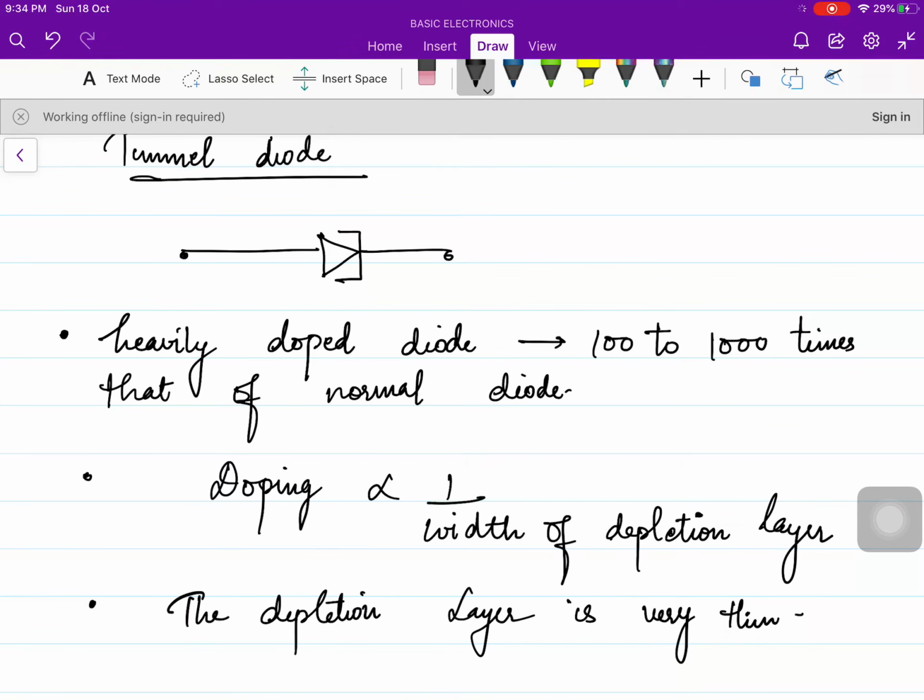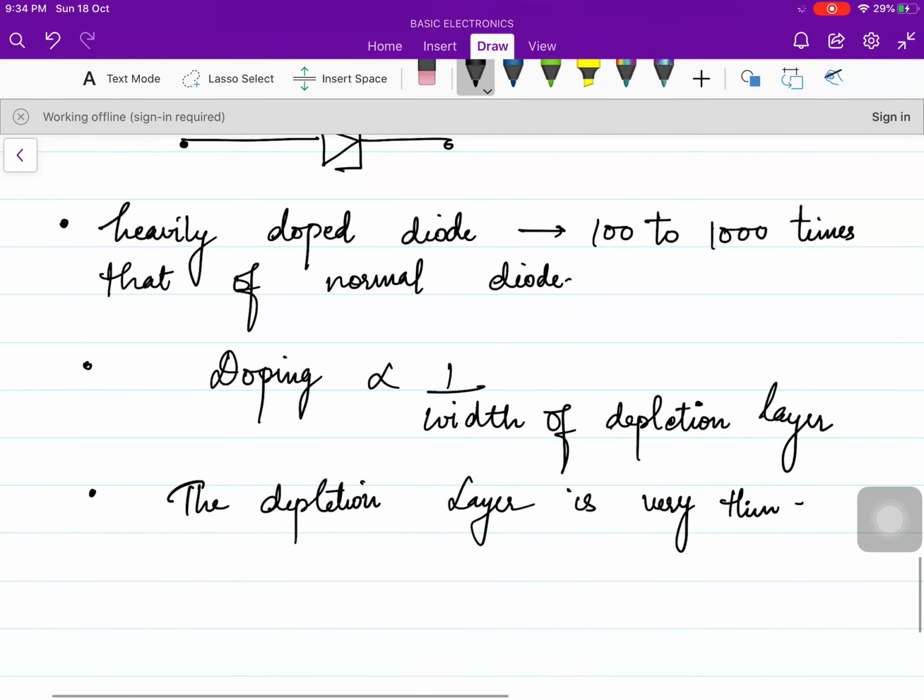It results in a greatly reduced depletion layer, and hence the carriers present at the junction, when it is forward biased, need not cross the potential barrier. Some of the carriers tunnel, that means they make a tunnel and cross the junction, and this is how the forward current will flow.